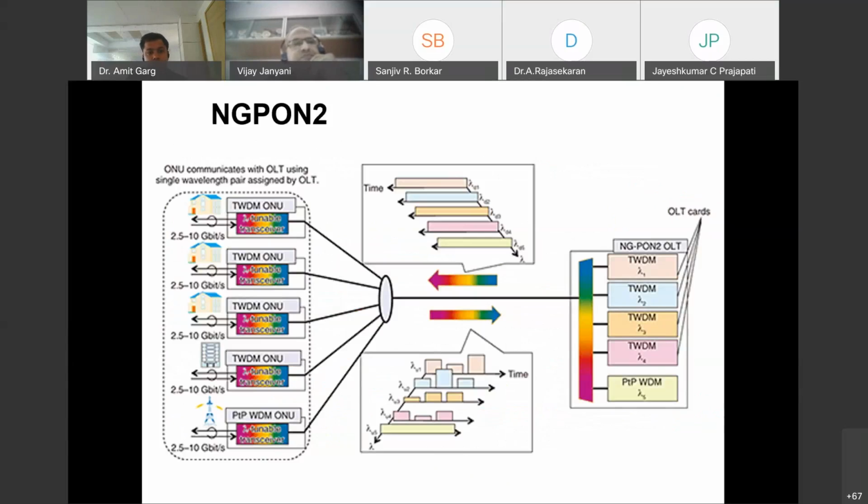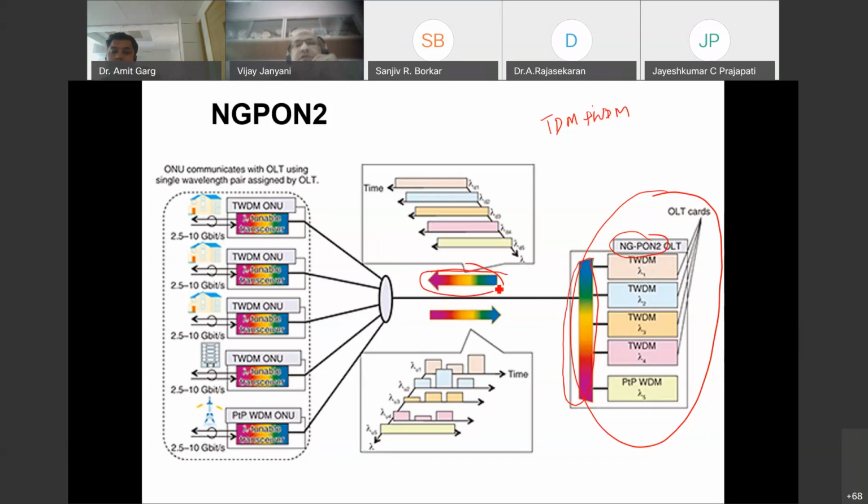So that's the combination of TDM and WDM that you are using. This is just an example of NG-PON2, showing how TDM and WDM are combined. This is the OLT on this side. So you have OLTs which are NG-PON2 OLTs, then you have a multiplexer here, and then you can see the signal in the upstream. This arrow shows the downstream, from OLT to ONU.